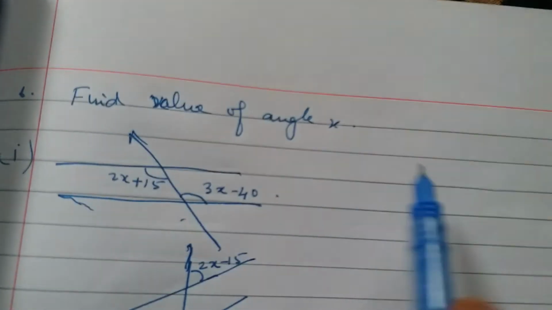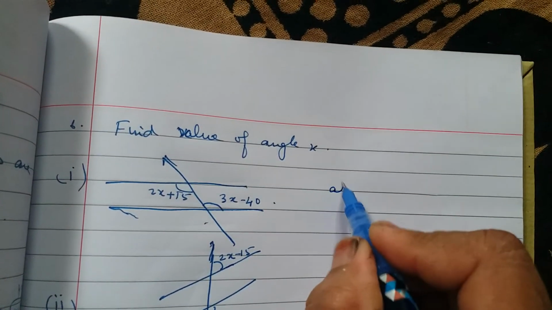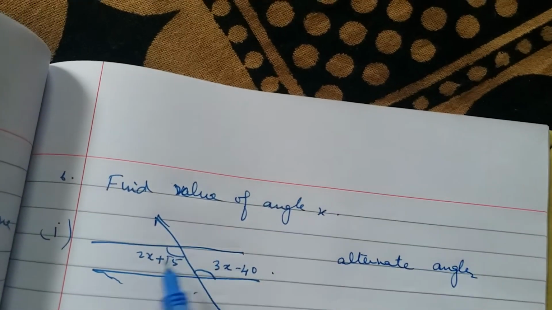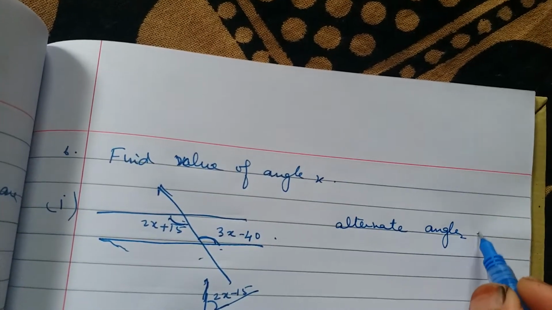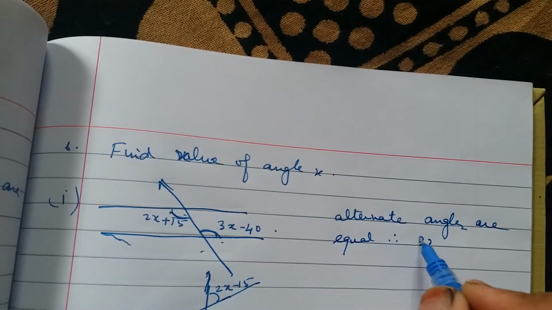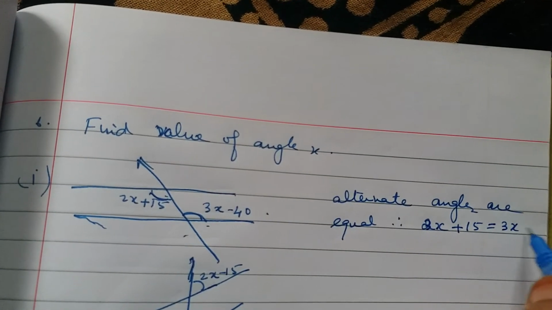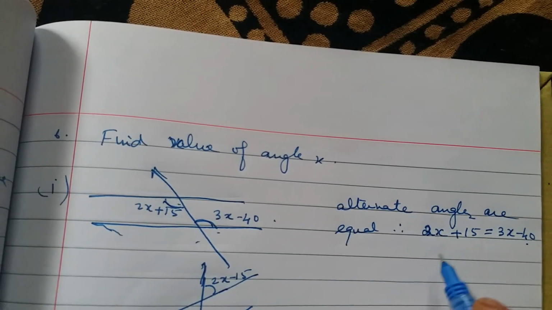Find the value of x. Here they have found out these are alternate angles. So you write alternate angles. See, this is inside, this is out, other side. So alternate angles are equal. Therefore 2x plus 15 is equal to 3x minus 40. Bring this x this side, bring the number here.